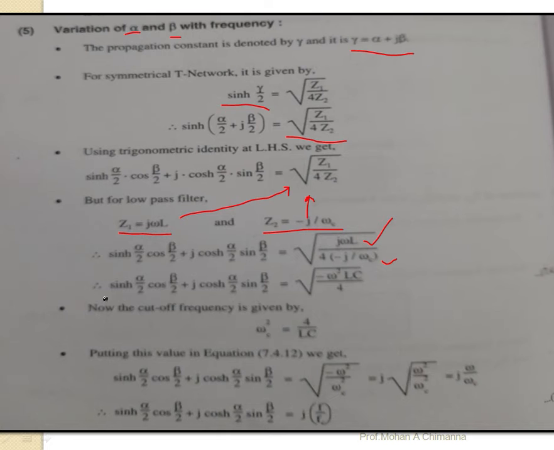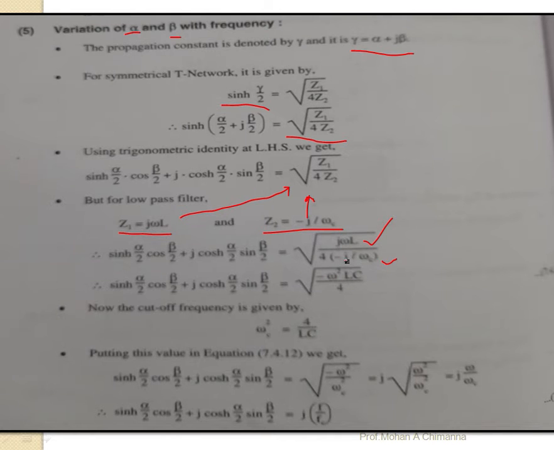So what we do here: sinh of alpha by 2 into cos beta by 2 plus j cosh of alpha by 2 into sin beta by 2 is equal to the square root of minus omega square LC upon 4.